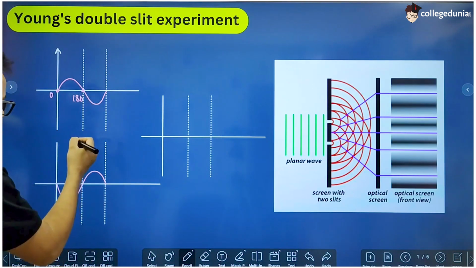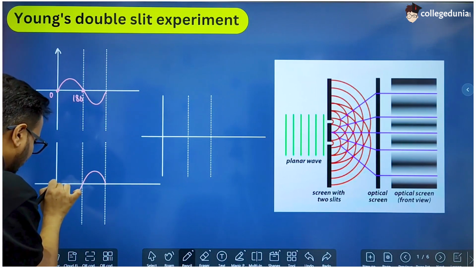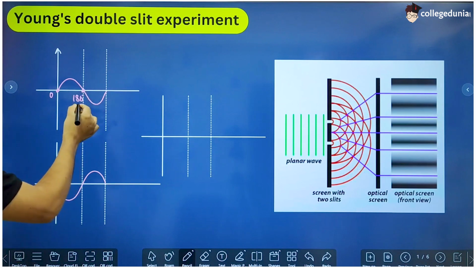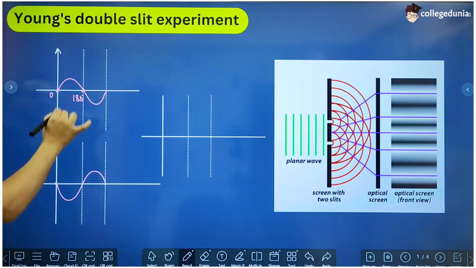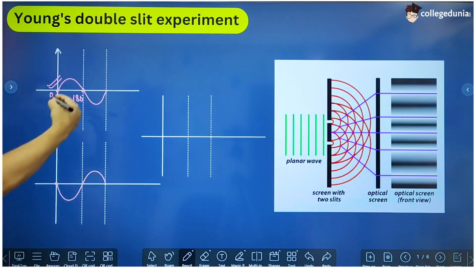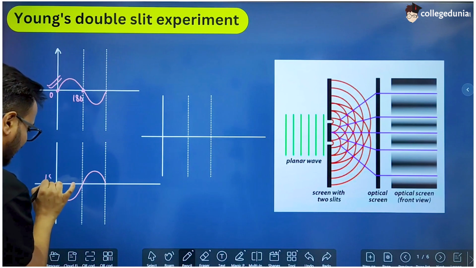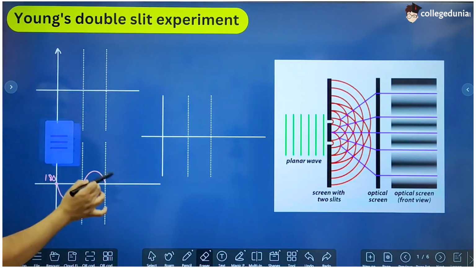If we compare the pattern with this wave, we will say that this point is here, right? So the point of 180 degree phase is exactly at that point where the 0 degree phase point of this wave is. So there is a phase difference of 180 degrees between these two waves, right? So there are different phase differences between the waves.